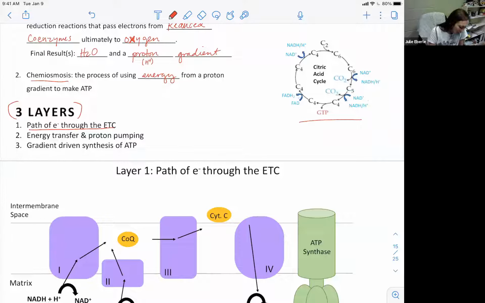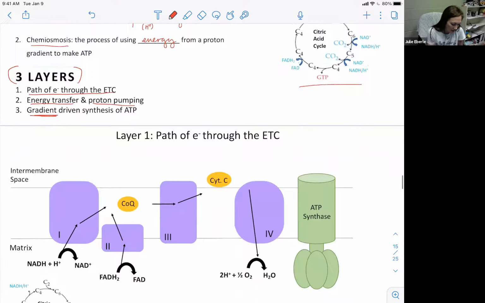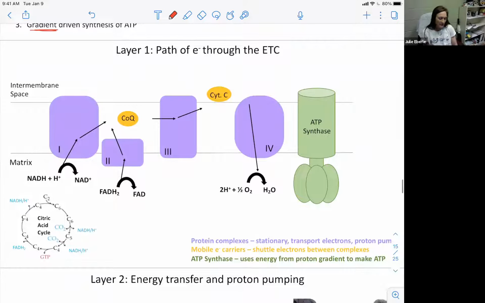The second layer is we're going to look at how the movement of electrons transfers and releases energy, and how that energy is used to pump protons. Remember, protons are hydrogen ions. The last layer is we're going to talk about how the gradient created from pumping those protons drives the synthesis of ATP. Okay, so layer 1 is, let's go to this slide right here.